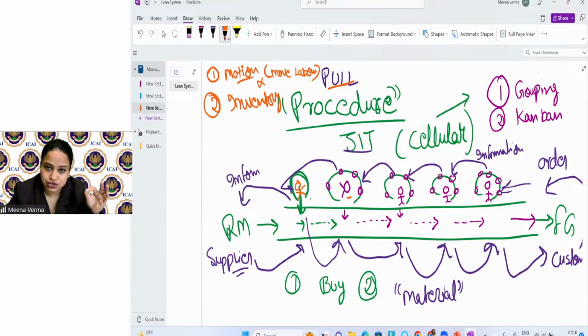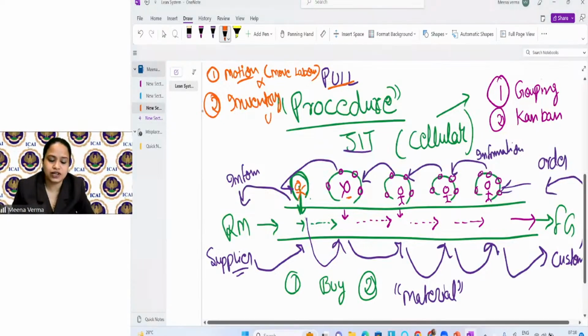So there is no accumulation of inventory, and you are avoiding this waste also.